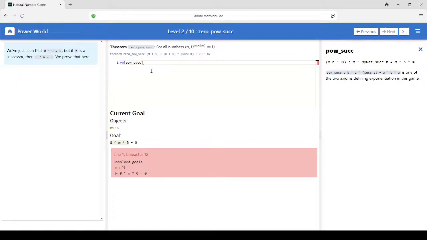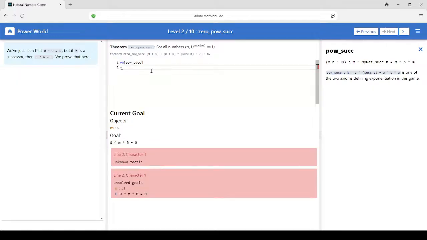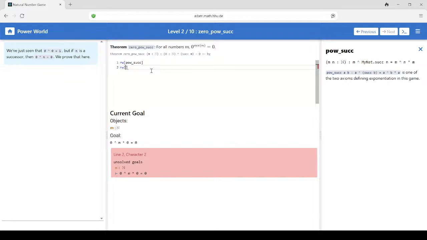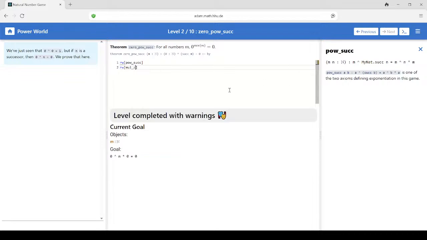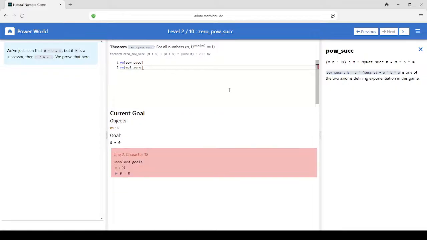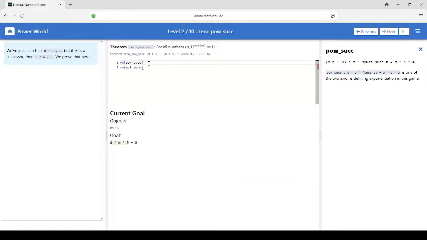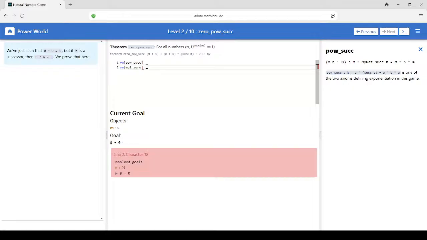And then, now wait a minute. I see where this is going, and it's weird. Anything times 0 is 0. Wait, that did more than I thought it would.